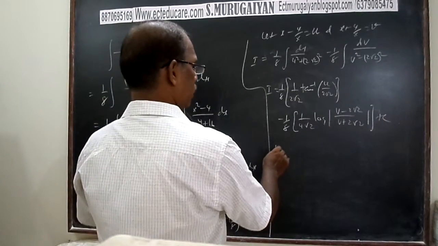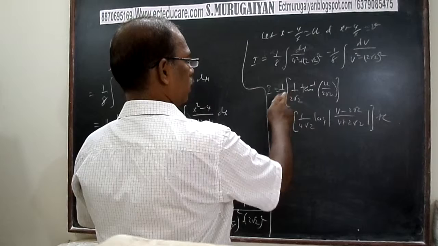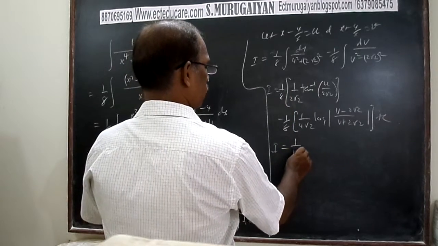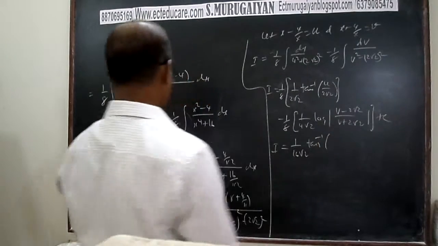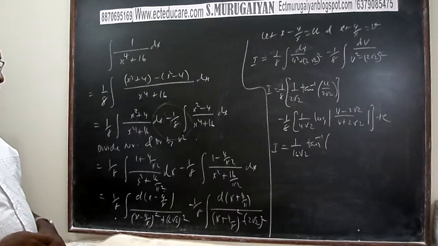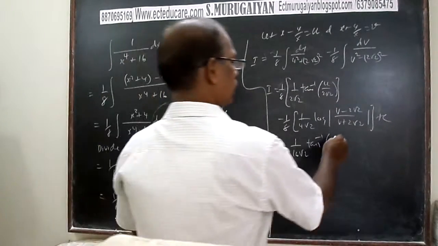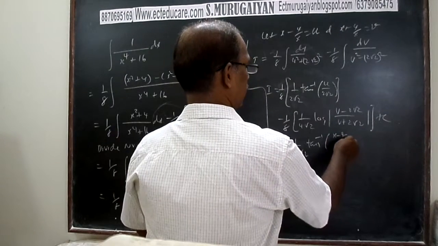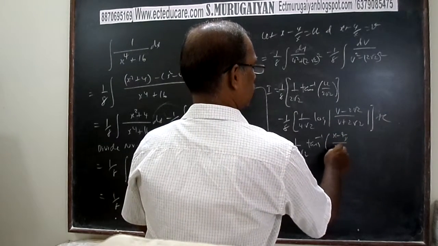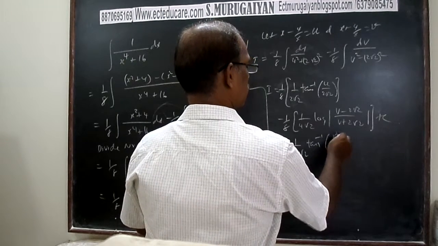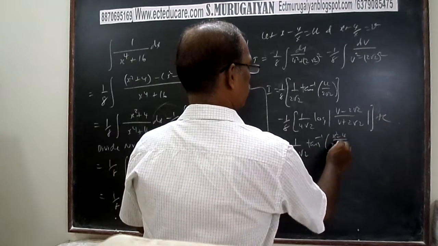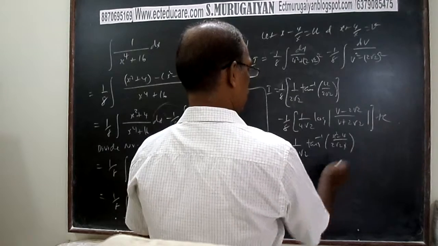Now after simplification and conversion, 1 by 16 root of 2 tan inverse of, so what about u? u equals x minus 4 by x. So x minus 4 by x by 2 root of 2, or x square minus 4 by 2 root of 2 x.